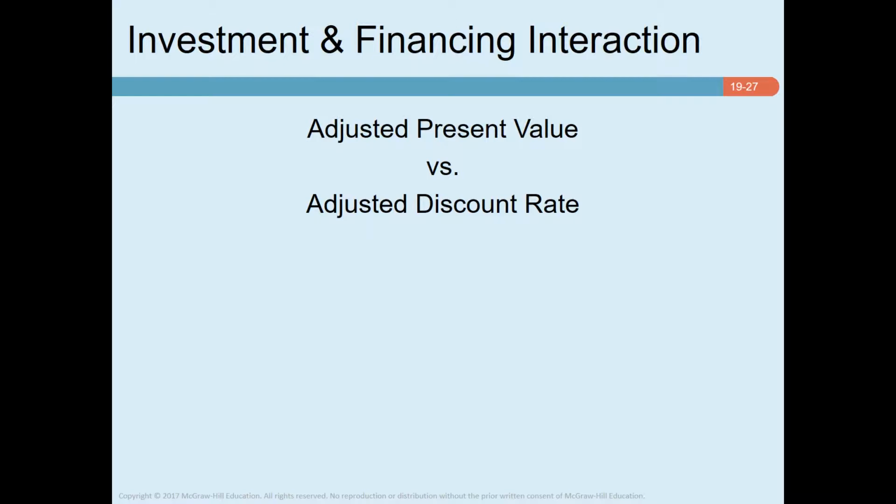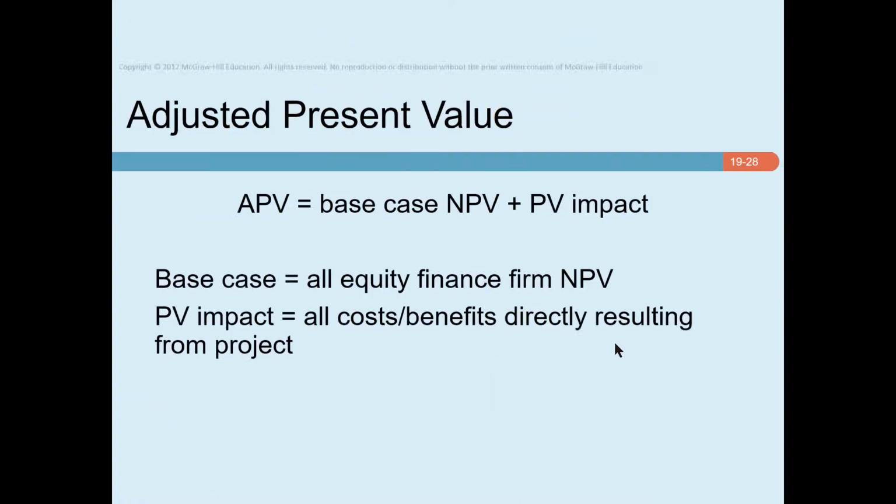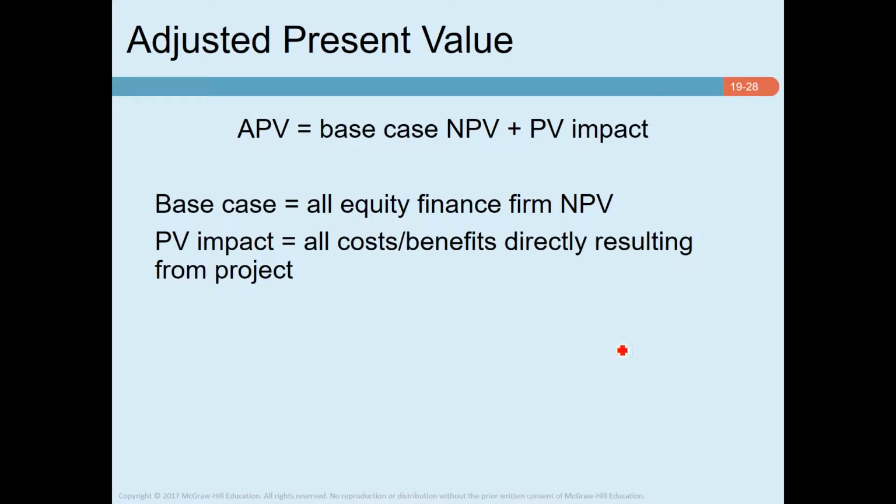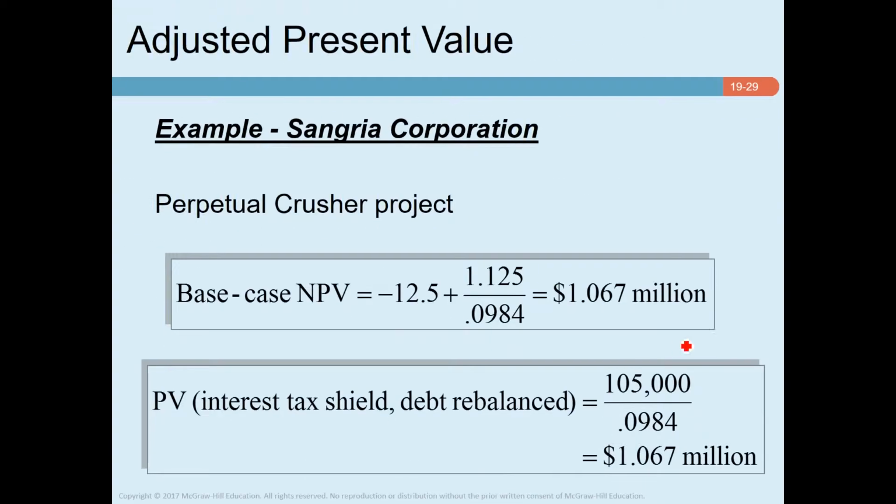So adjusting discount rate, we already know how we adjust the tax advantage, and adjusting the present value, as we have seen, that we calculate the base case NPV and we see the present value of the impact, that is the adjusted present value. So just an example, look, this is our base case NPV. For example, this is our initial investment, then operating cash flow, divided by the weighted average cost of capital.